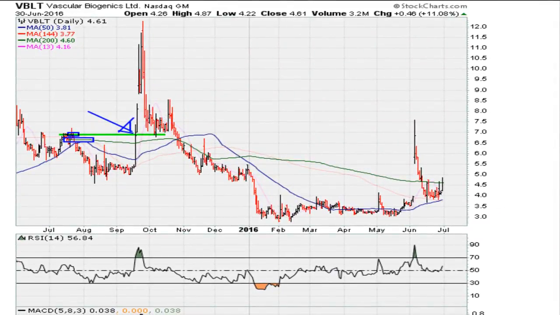Now, before I go, let me just add one more thing. Here we can see that the stock has a history of staging sharp moves on the RSI. What that means with these sharp moves on the RSI is that it has a tendency of exploding.